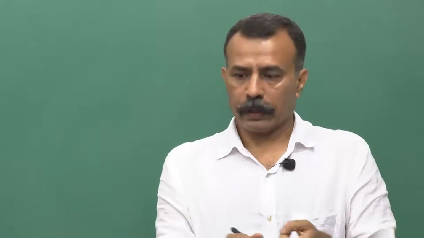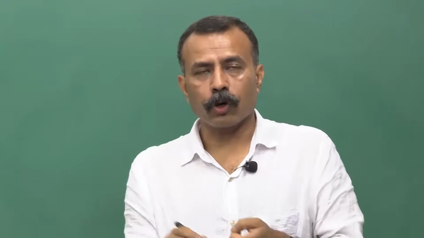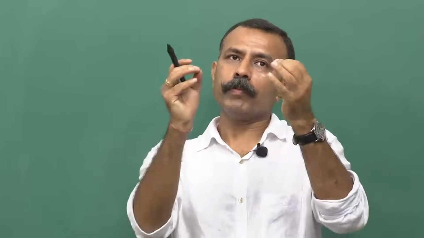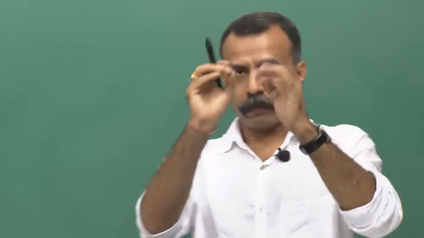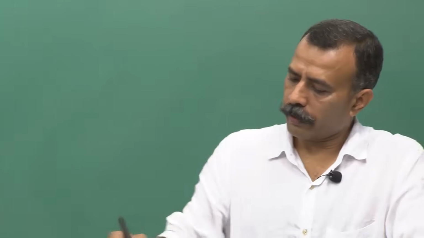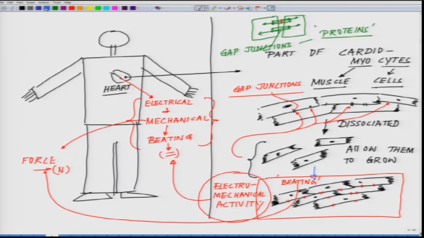Now, if we have to correlate this, then we have to understand these beatings are governed by the two major proteins of muscle, which are, now let me put them in, those are actin and myosin, which I am putting in two different colors, orange and green.